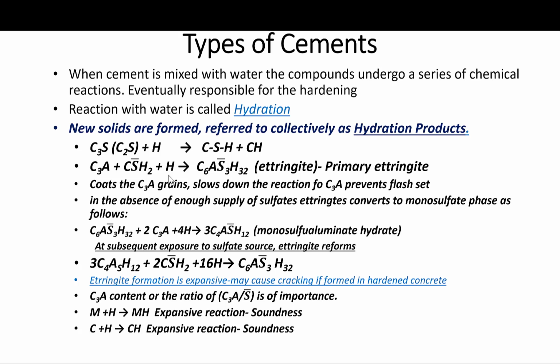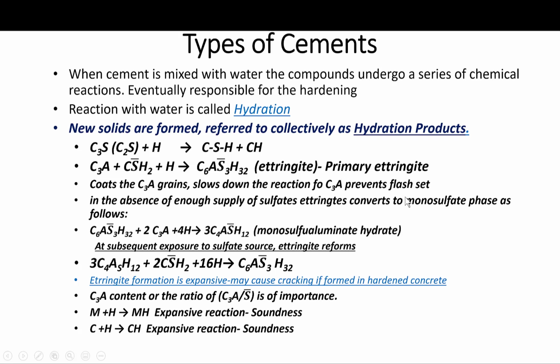So the reaction of C3A is slowed down with the gypsum, to form a product called ettringite, which is the calcium trisulfoaluminate hydrate. If gypsum is not present, its hydration will cause flash set. According to this equation, it will form ettringite, which is the primary ettringite I refer to.